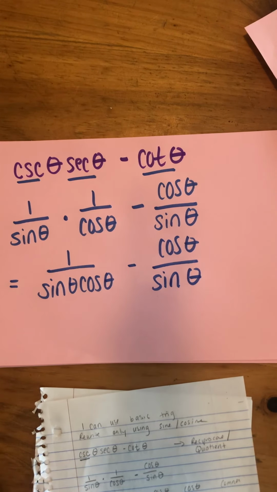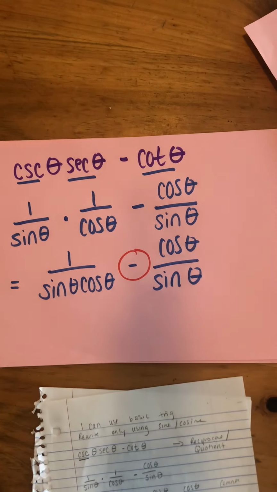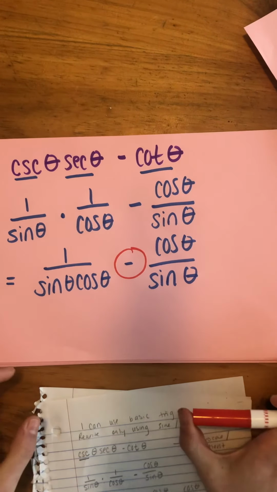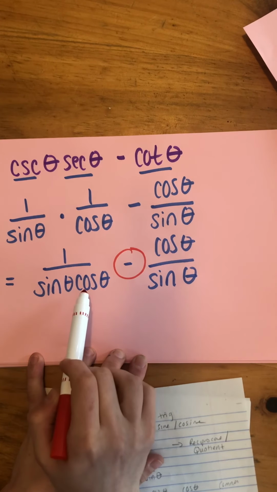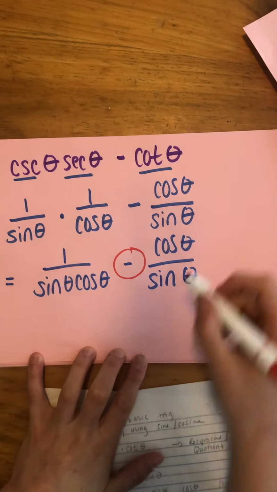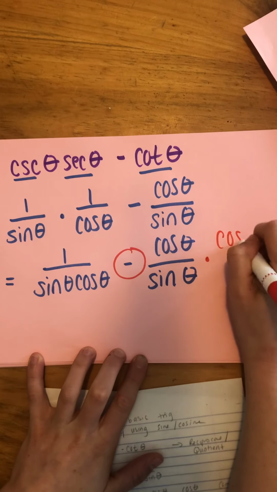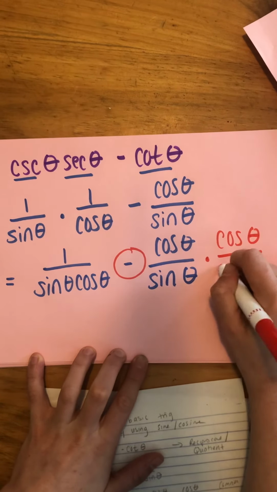All right, well, we're subtracting here. In order to subtract or add any type of fractions, we have to get common denominators. In this case, the denominator is sine and cosine. This is the denominator of just sine. So to get common denominators, we just have to multiply.